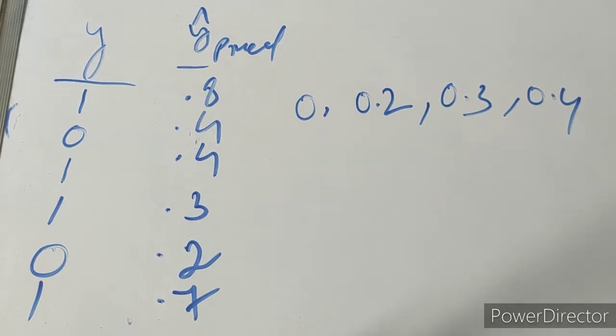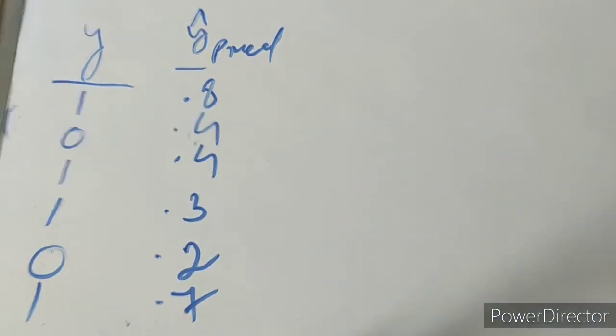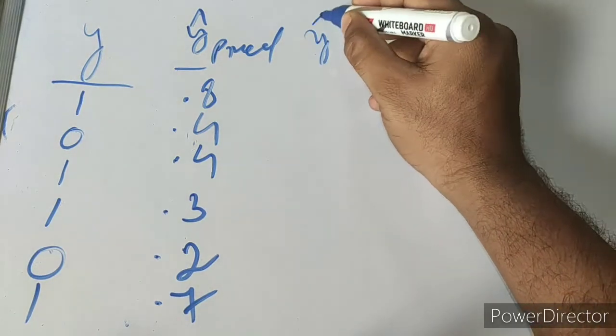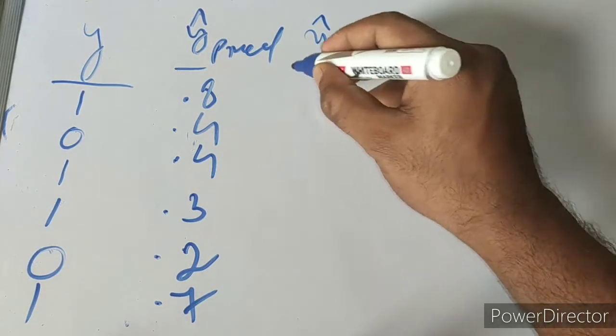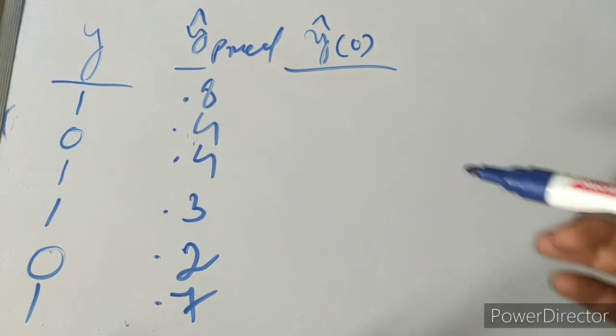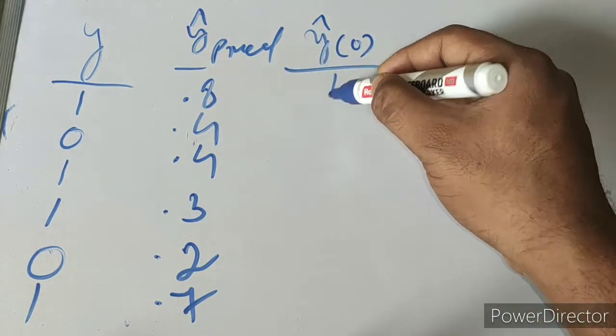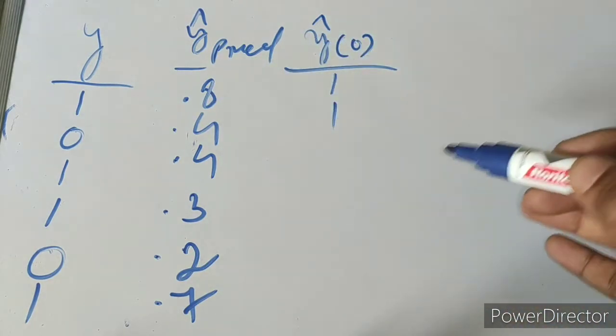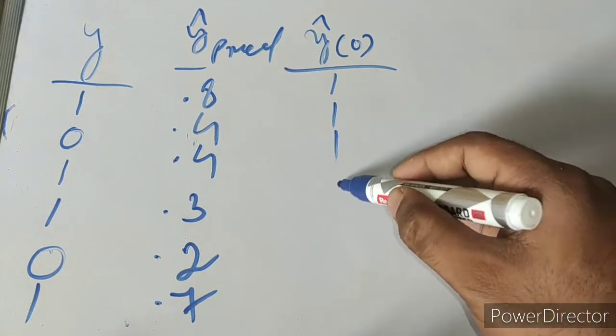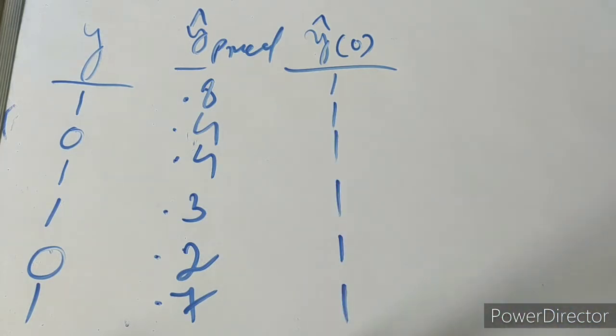So let's identify different prediction values based on certain threshold values. First we proceed with 0. If our Y prediction is at threshold value 0, then 0.8 is greater than 0, so it will be 1, 0.4 is greater than 0, so 1, this is 1, 1, 1, 1. So all values appear as 1.